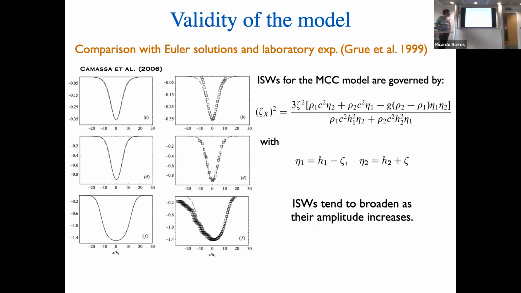So the model is able to retain particularly well the features of large amplitude waves. For example, this is compared to Euler solutions, but also with laboratory experiments done by Grue and others. What you can see is that the profile is fairly well captured up to very large waves, in which case it's not clear if we should blame the model itself a priori or not.